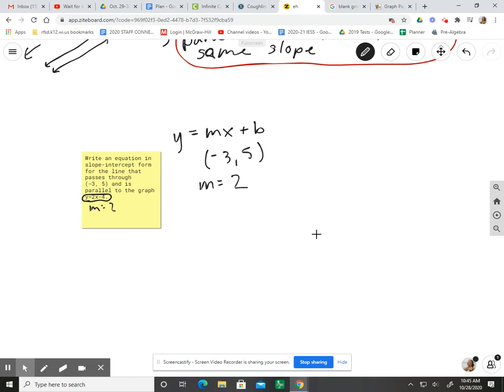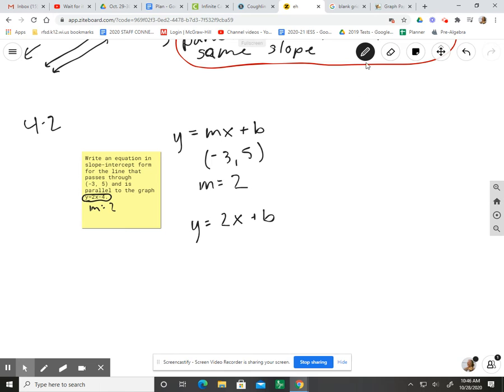This is actually coming back from 4-2, where we are given a slope and a point and we need to solve. To start, we have our slope. We need our y-intercept to finish writing this in slope-intercept form.